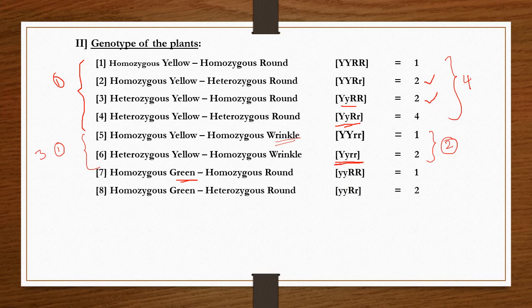And two individuals are green and heterozygous round, capital R, small r. So the genotypes we can observe here are two, but the phenotype is only one, that is green round plant.